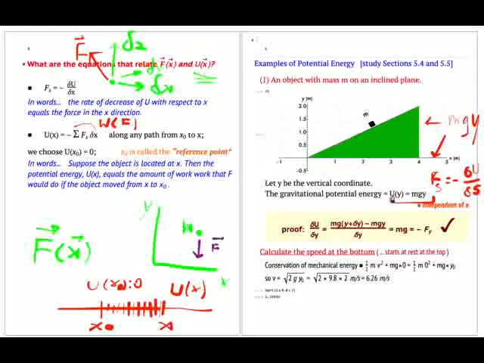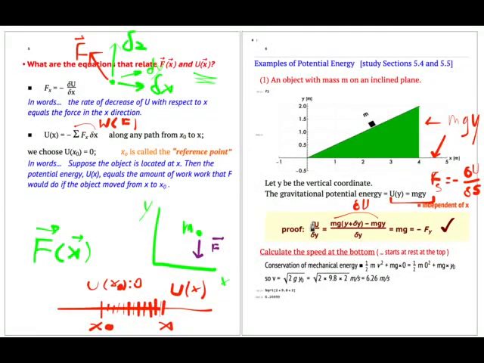Now, the rate of change of U with respect to y is mg. So I'll calculate delta U over delta y. Well, that'll be mg times y plus delta y minus mgy. So here's delta U as y changes from y to y plus delta y. Delta U will be mg at y plus delta y minus mg at y, the final value after the change minus the initial value before the change.